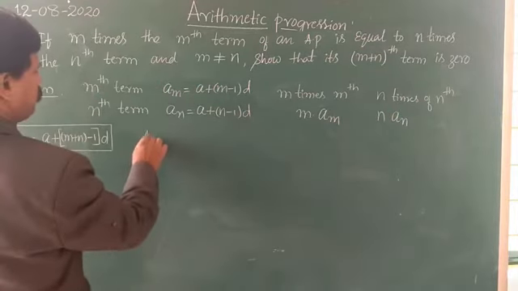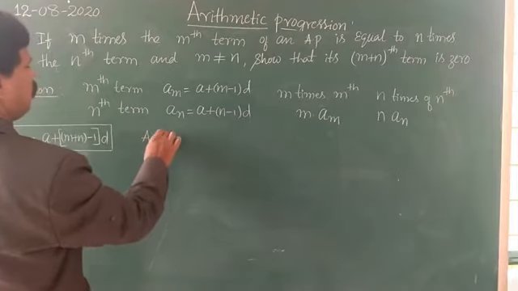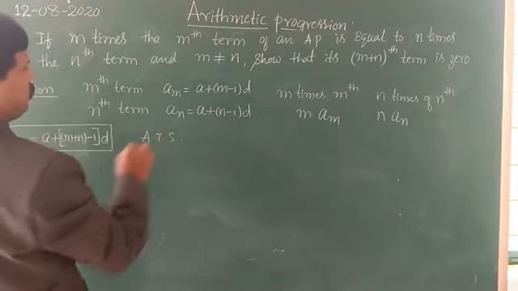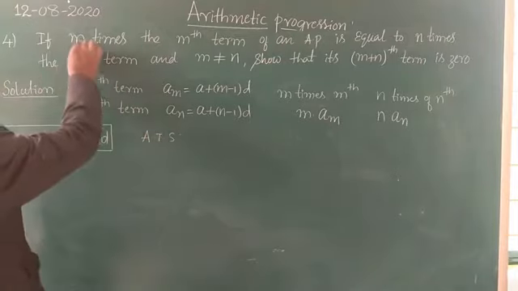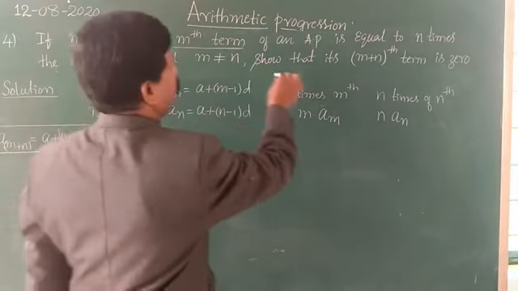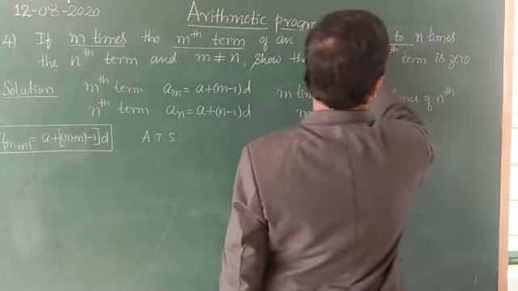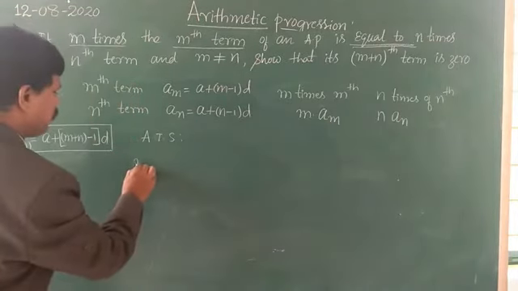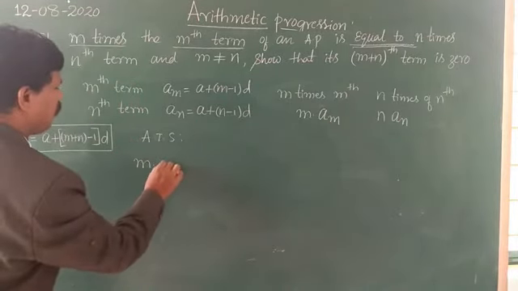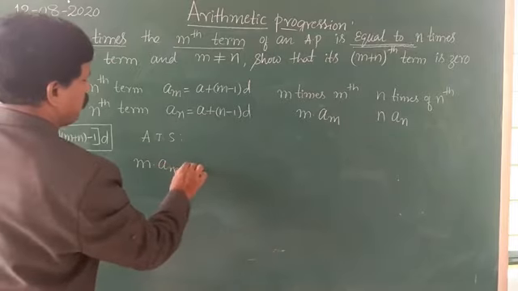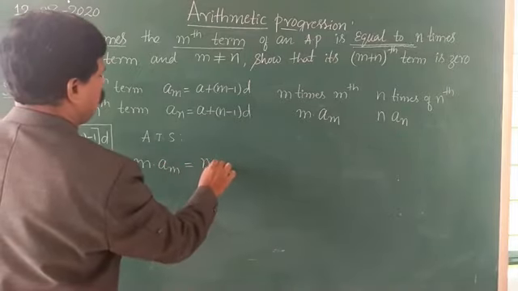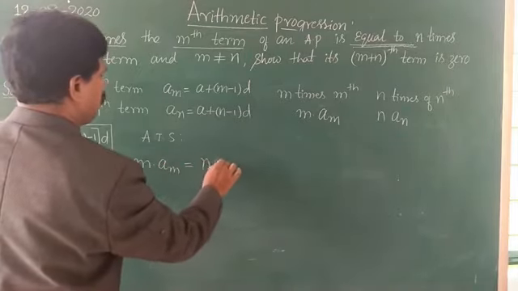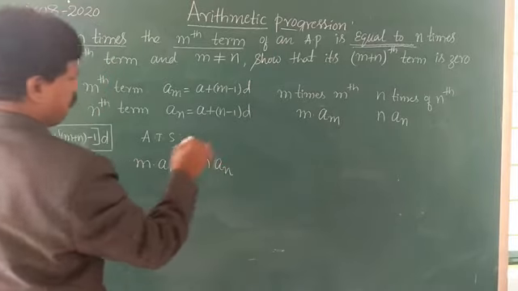Now according to the statement, what is that? M times the mth term of an AP is equal to n times the nth term. So I'm writing this: m of am is equal to n of an.